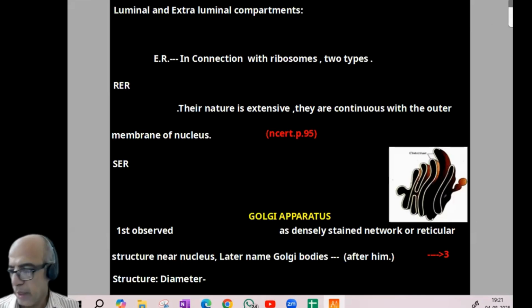When we discuss endoplasmic reticulum, we can find 2 areas: luminal and extraluminal compartments. This is a common question for the NEET exam, theory exam, NCERT. What is meant by this term?